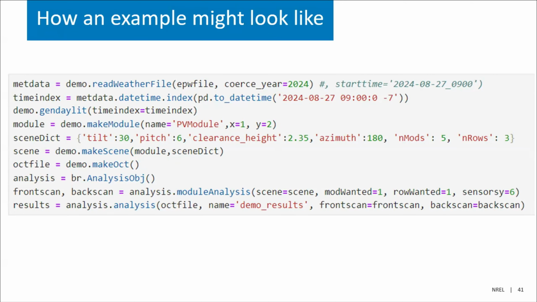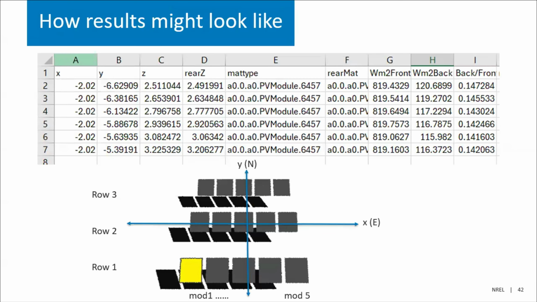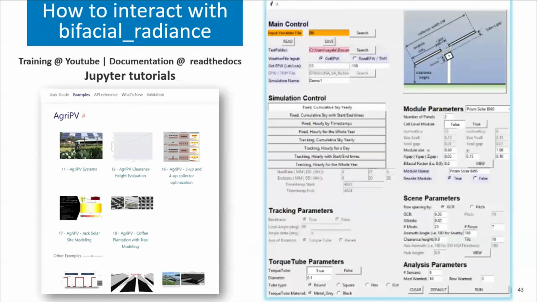You make a scene, make an oct file, and then analyze. This is how the results look afterwards. We print out different versions of the results depending on what we're analyzing. This is the basic model in Radiance on the front surface and on the back surface. Right? So for module 1, row 1, it will get that front and rear irradiance.